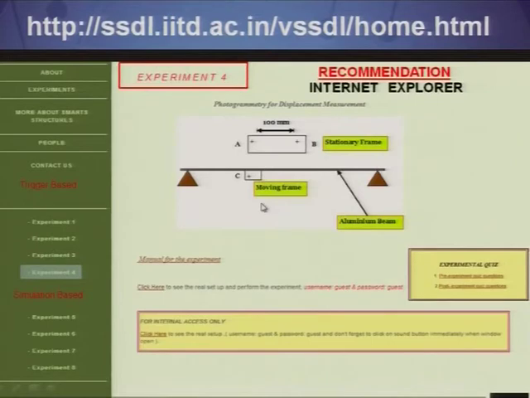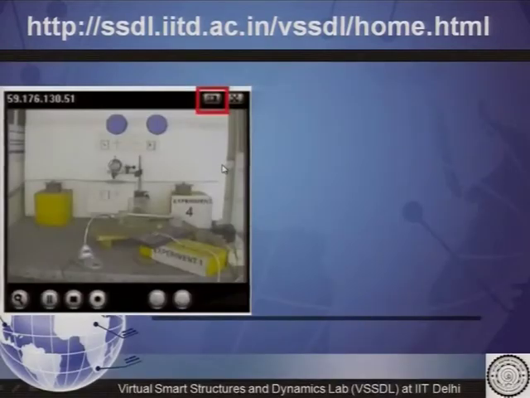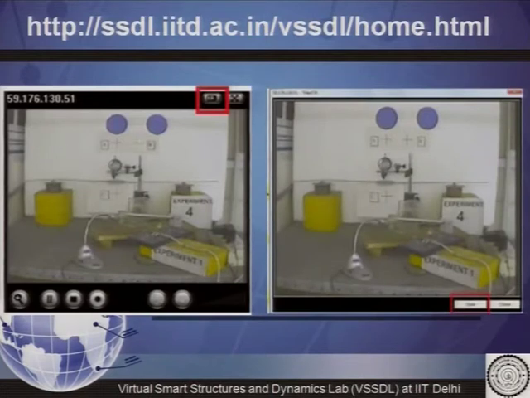In experiment number 4, it is based on photogrammetry. So, when he will perform experiment 4, he will be prompted to this window. The user then needs to capture this picture and save it for the first case when there is no weight on this beam.